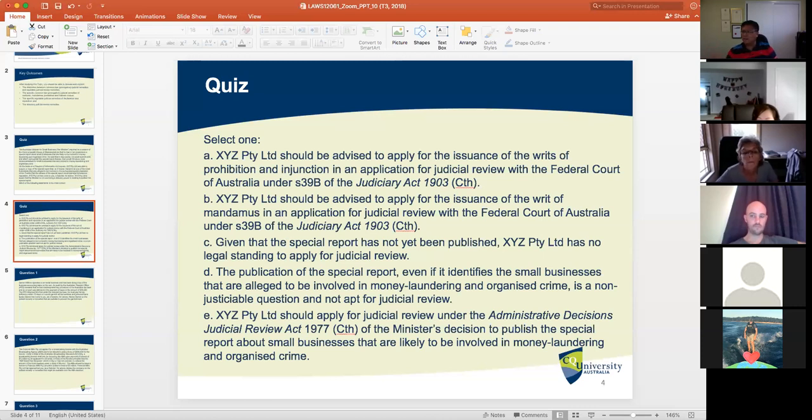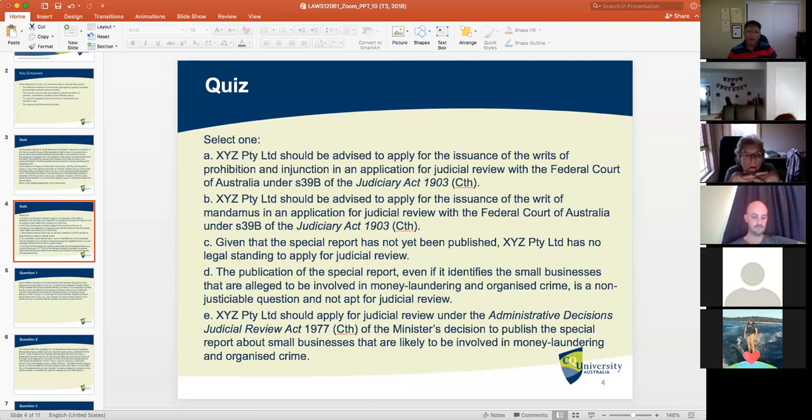If the Australian Minister for Small Business were to publish a report, that would really impair and diminish the reputation of the company. So there would have to be an actual controversy, and that was decided as well in Ainsworth versus Criminal Justice Commission.